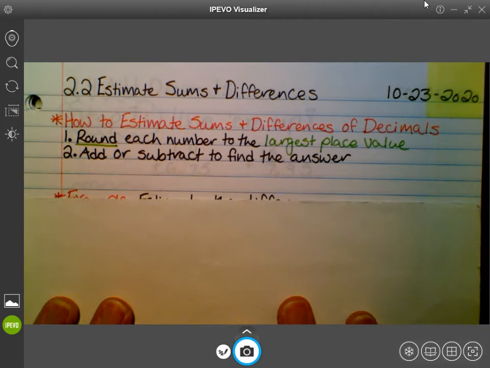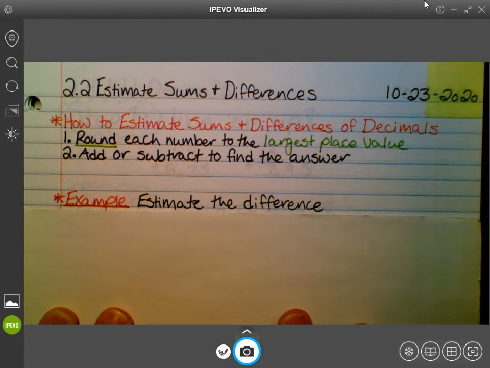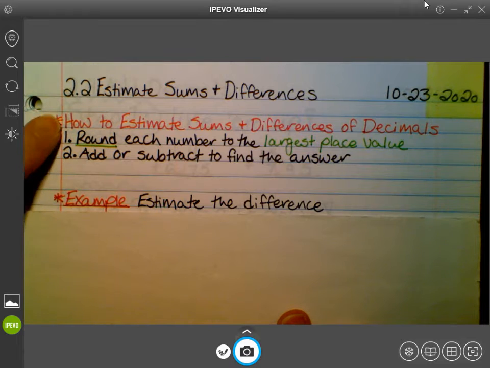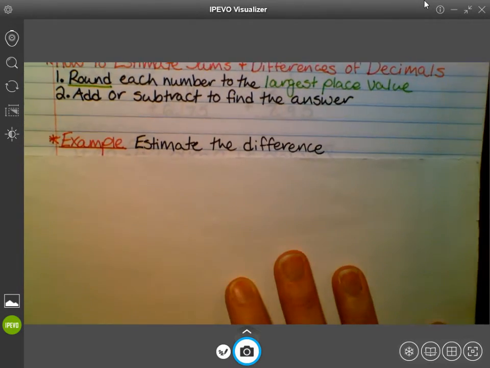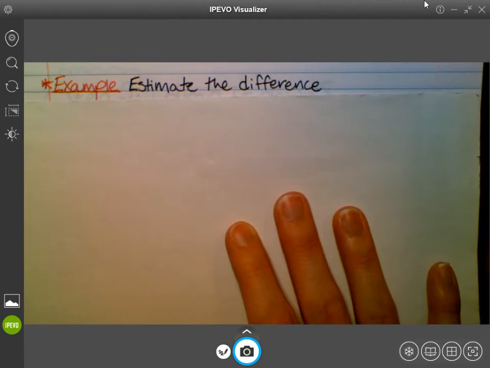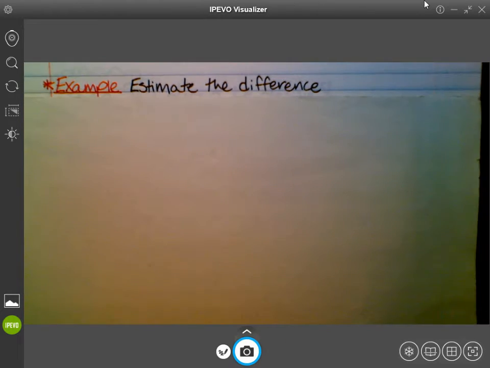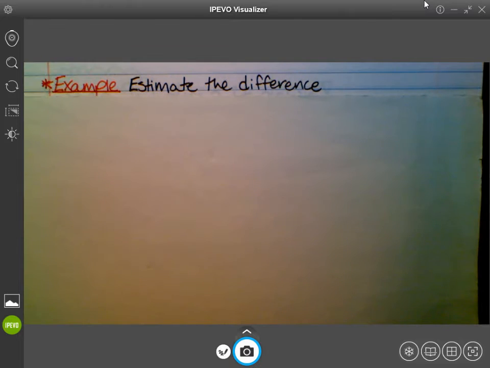So, for example, if we are asked to estimate the difference, is it okay if I scoot up to where you can't see this first part? Okay. All right, so our example. If we are asked to estimate the difference, and what's a difference again, 5th grade? Emmy?